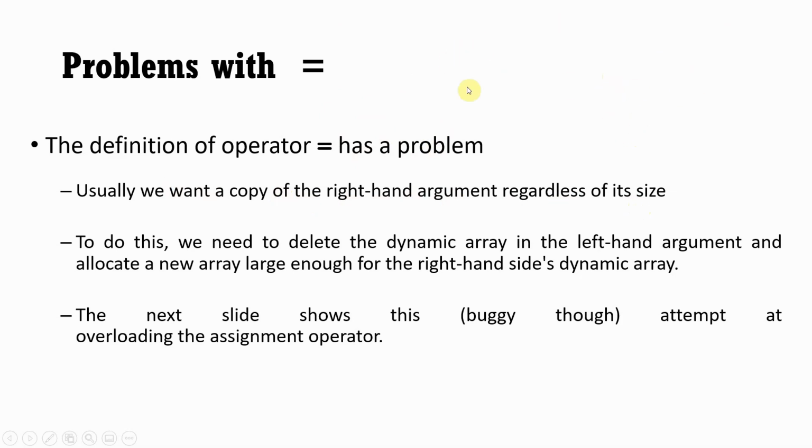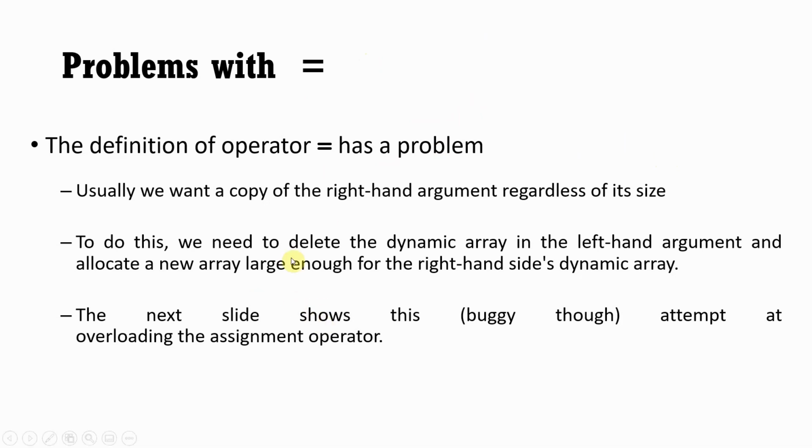When you want to assign, let's say S1 equal to S2, we want S1 and S2 to have arrays with the same value and the same size, not sharing the same array.